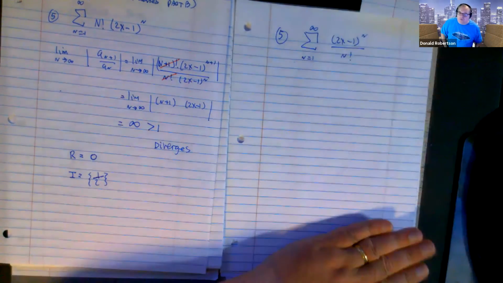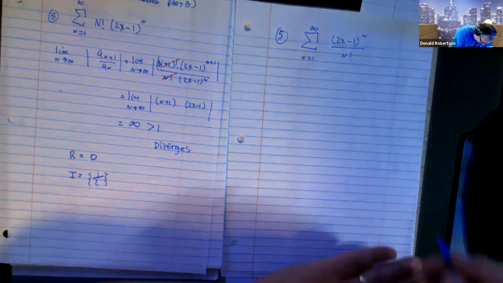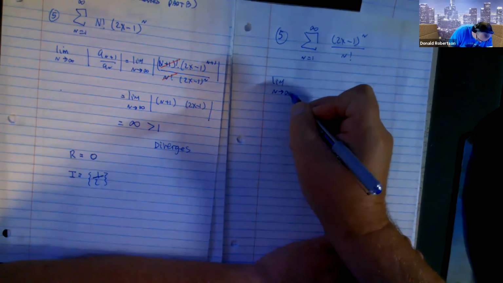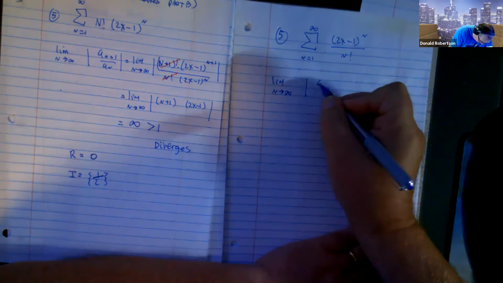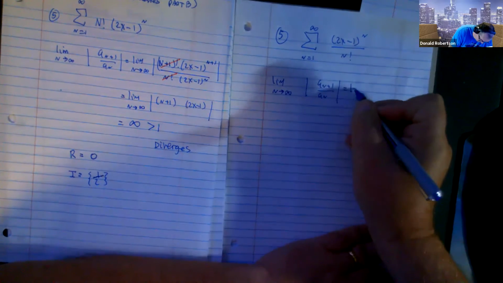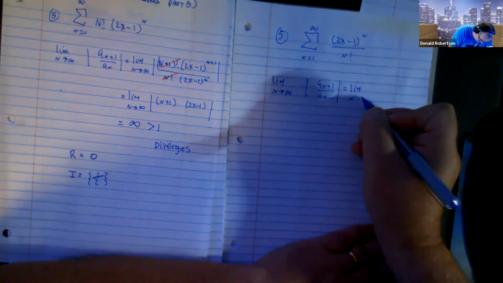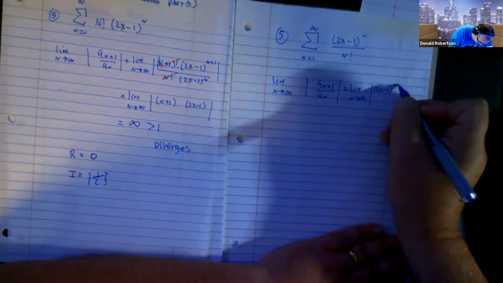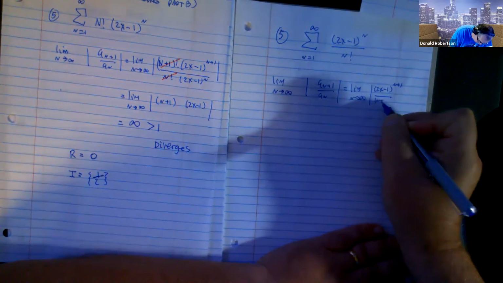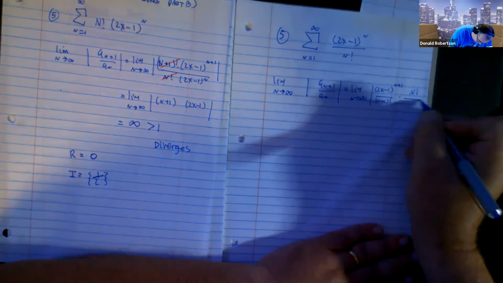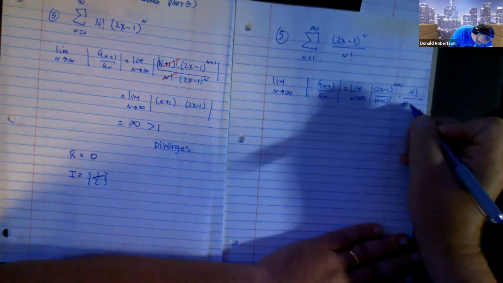Let's stick the n factorial on the bottom. That should make a difference. And we're going to get the limit as n tends to infinity of a(n+1) over a(n). That's going to be the limit as n tends to infinity, and we get this guy over this guy, and then this fella over that fella.